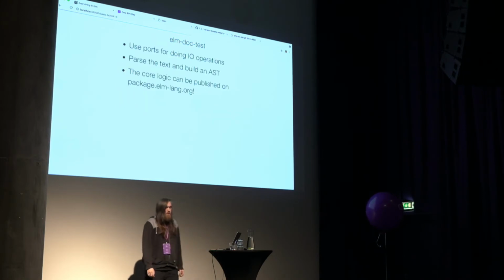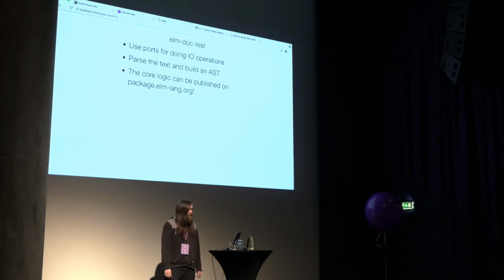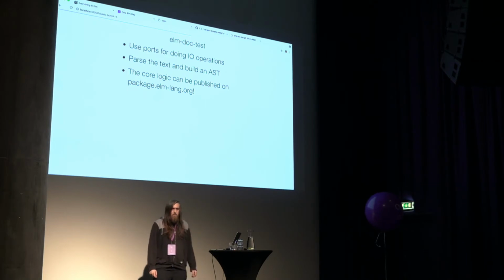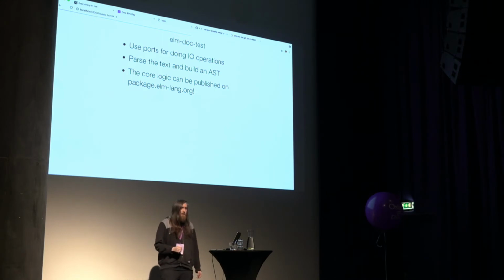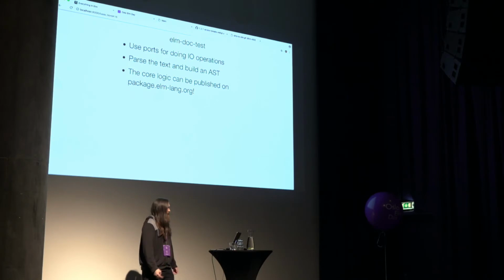So generally, if you're going to make a command line tool, it's a pretty neat way right now to just use ports for doing I/O operations. So if you have something that you want to write and you need some node functions or some node support, you can really, really easily just use ports, just like that example, and have all the actual logic for doing all the hard work inside Elm.